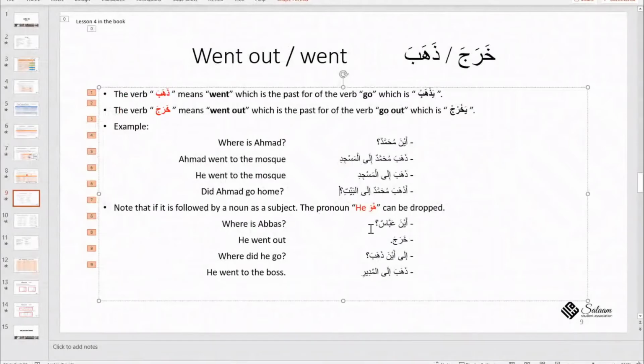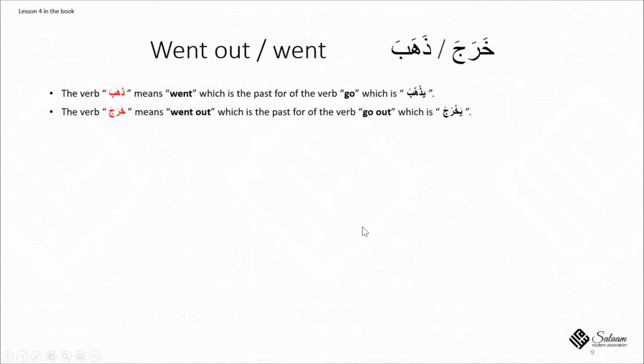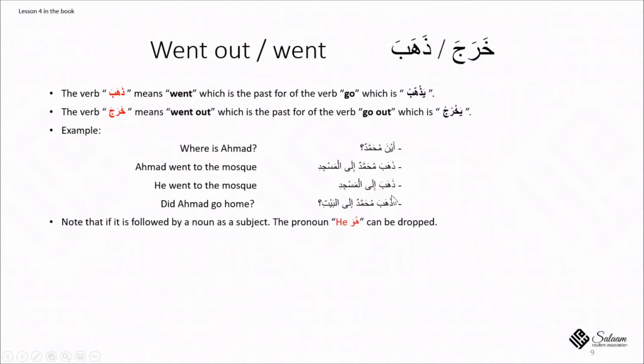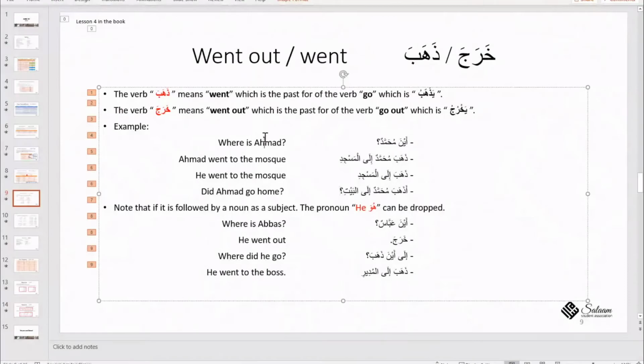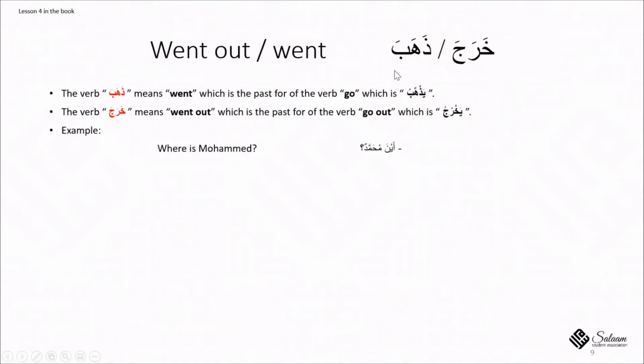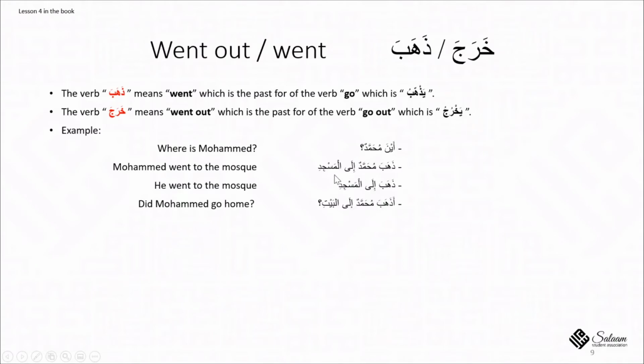And if you remember the letter that we had last time, if we have this letter, it will make it a question. أذهب محمد إلى البيت؟ Did he go home? Did Muhammad go home? So this is just an example to use ذهب and خرج. أين محمد؟ ذهب إلى المسجد.